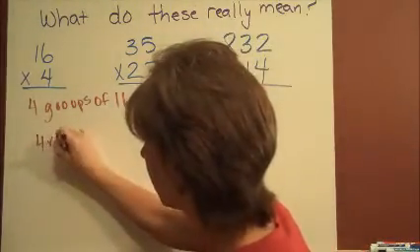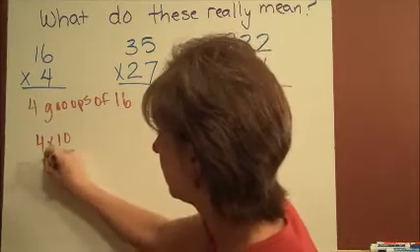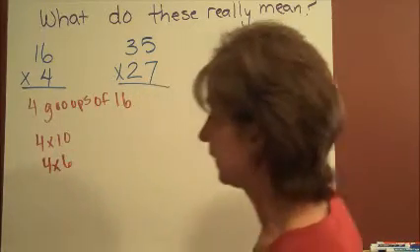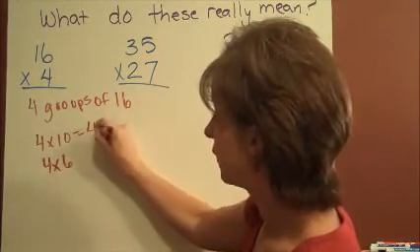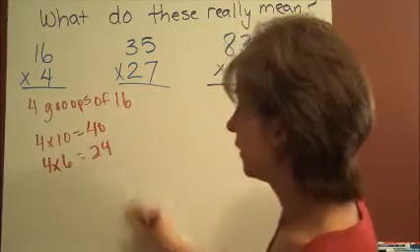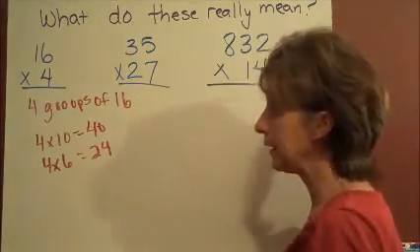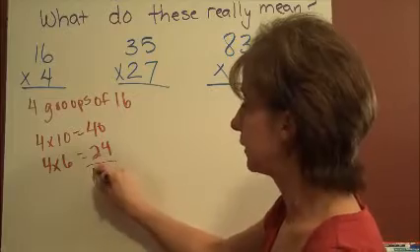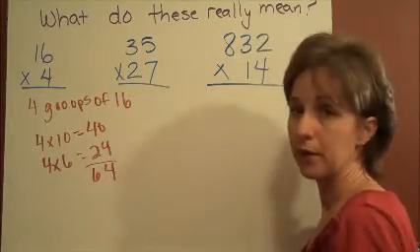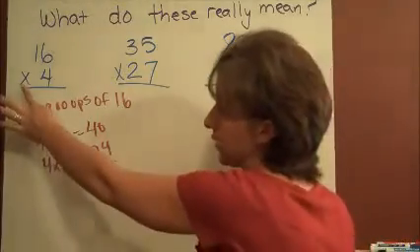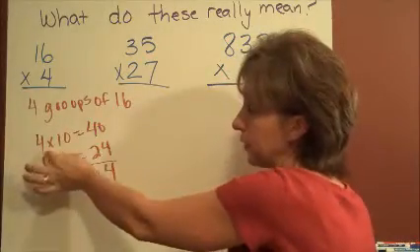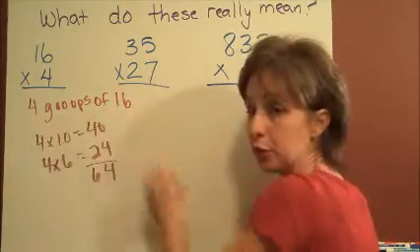So it might look like 4 groups of 10 and 4 groups of 6. 40 and 24. And so 16 times 4 is 64. Because anytime we have the multiplication sign, we can take out the multiplication sign and put in the words groups of.